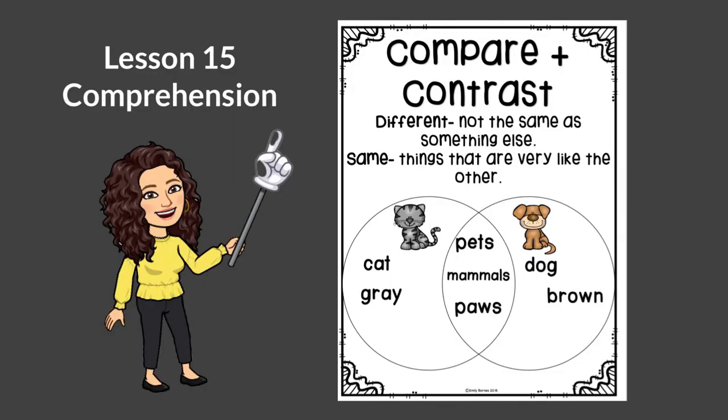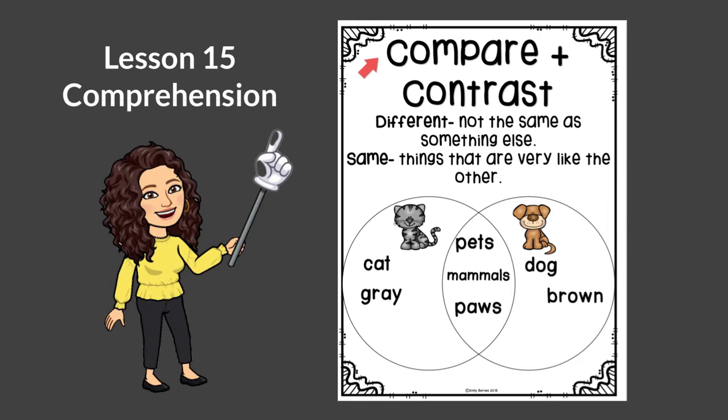Today, we're going to talk about a comprehension strategy that you can practice when you read this week's story, Animal Groups. Remember, boys and girls, comprehension strategies are ways that you can think about what you are reading to help you better understand the story. For today's comprehension strategy, we're going to practice how to compare and contrast.